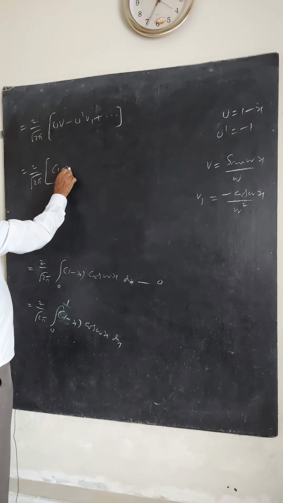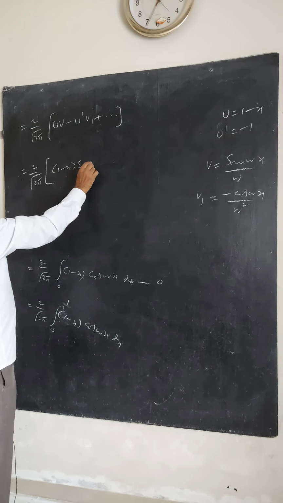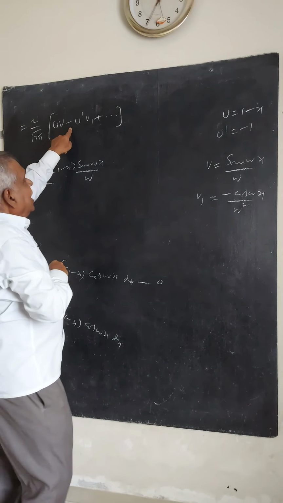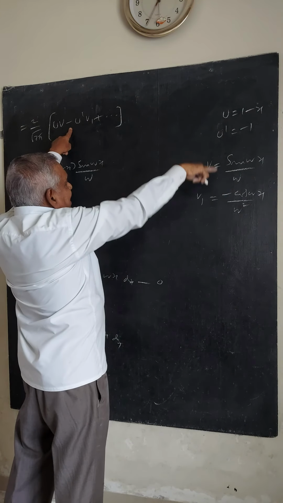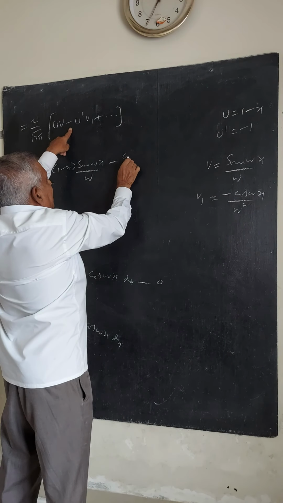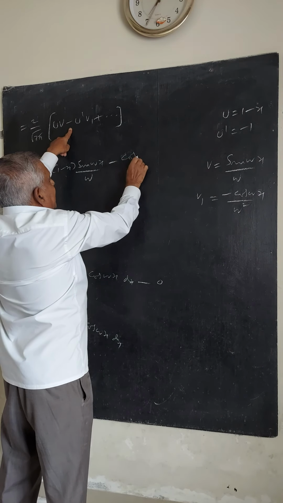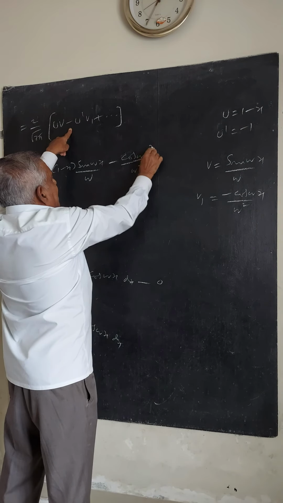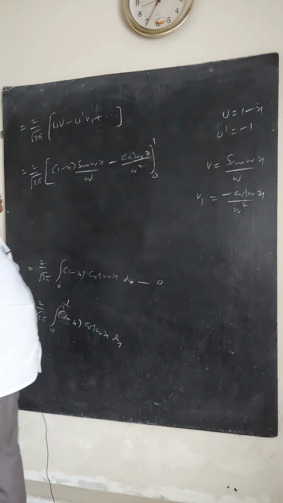Therefore, (1 minus x) sin omega x by omega. Here u' is negative, v1 is also negative, 3 negatives. Therefore, negative cos omega x by omega square. Limit is 0 to 1.